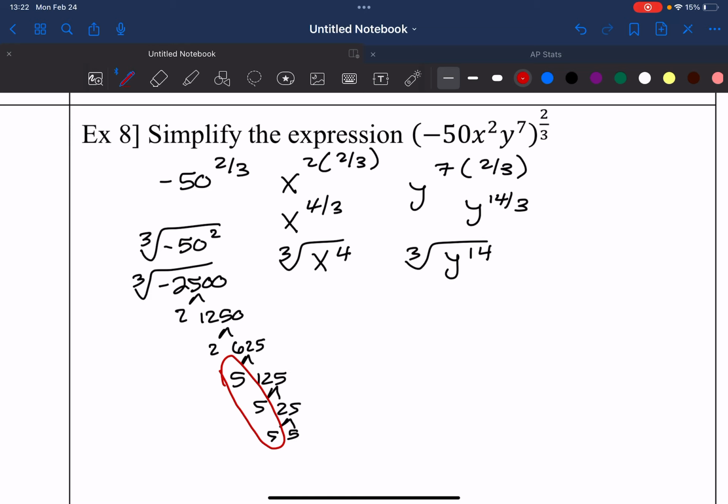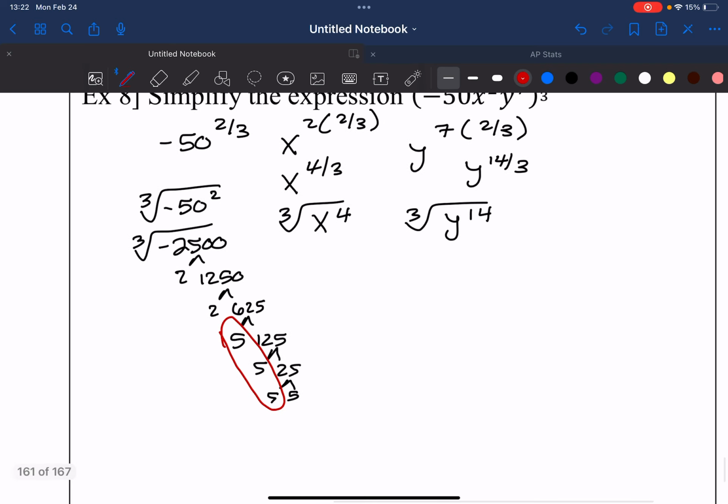Let me just double check. So 50 squared, yeah, divided by 2. Okay, divided by 2, divided by 5, divided by 5. Okay, yep, it's all good.